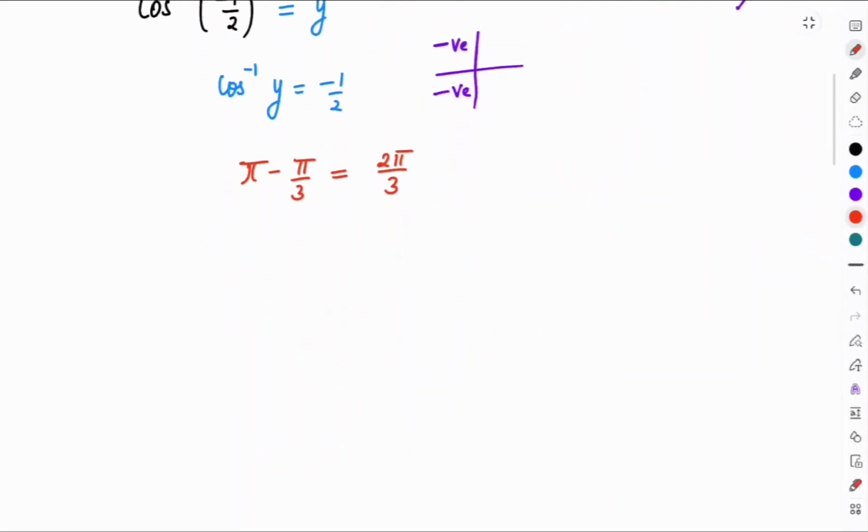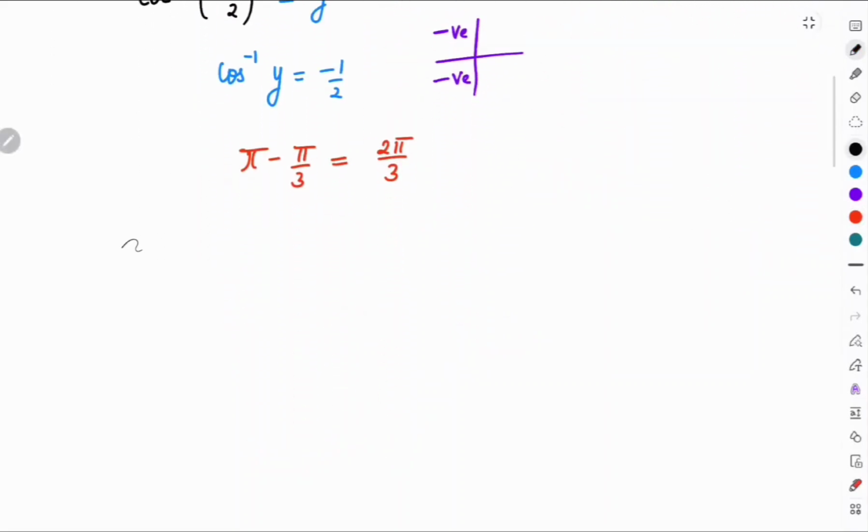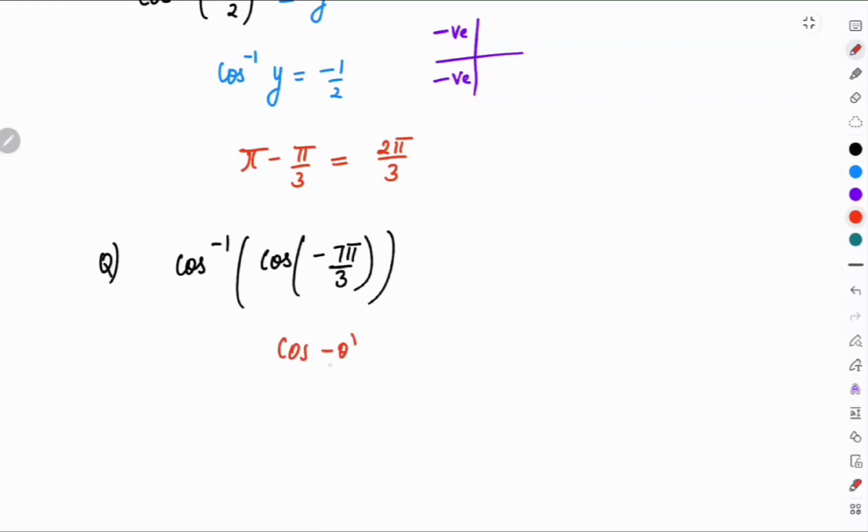Now moving to the next one. We have cos inverse of cos of minus 7 pi by 3. You all know that cos of minus theta is nothing but cos theta, so no need to worry. So we can write cos inverse of cos 7 pi by 3.